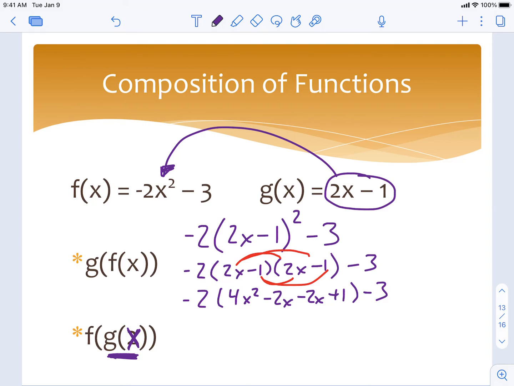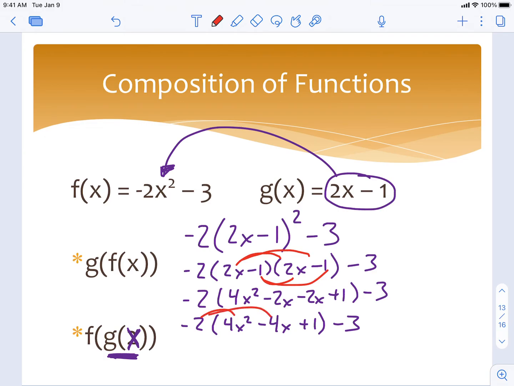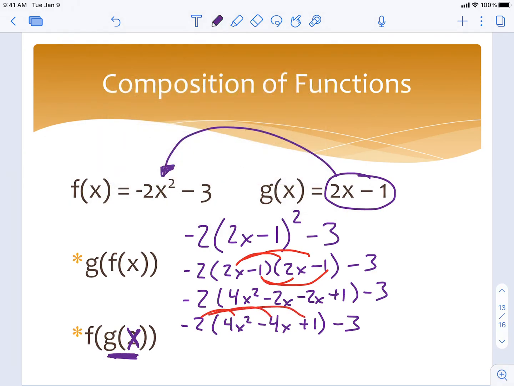We've got some like terms that can combine: 4x squared minus 4x plus 1. Now I can distribute that -2 into all three terms. That will be -8x squared plus 8x minus 2, and we still have that minus 3 on the outside.